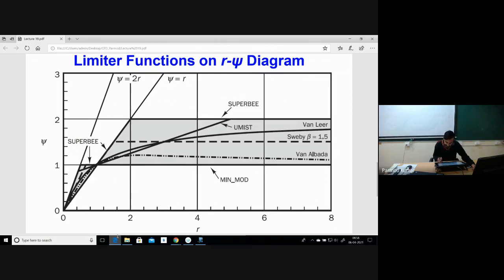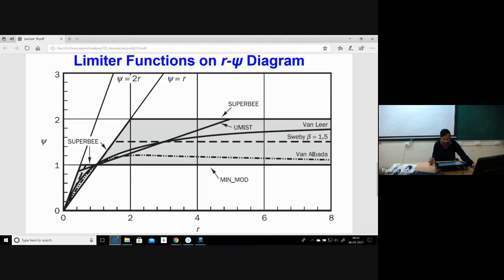Similarly, Van Albada is also a function applicable for the entire range. Then you have the minmod scheme, which meets the minimum criteria of second order accuracy and stability. Similarly, you have superbee, which meets the maximum limiting criteria.